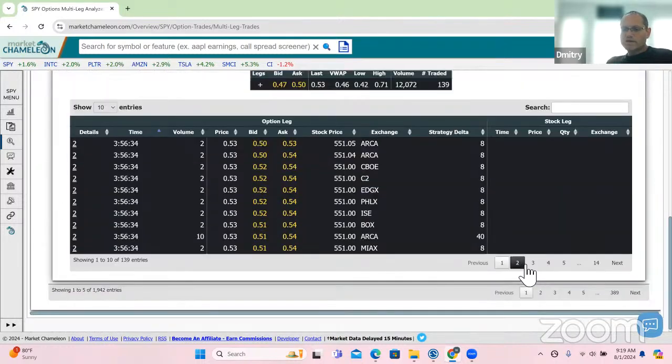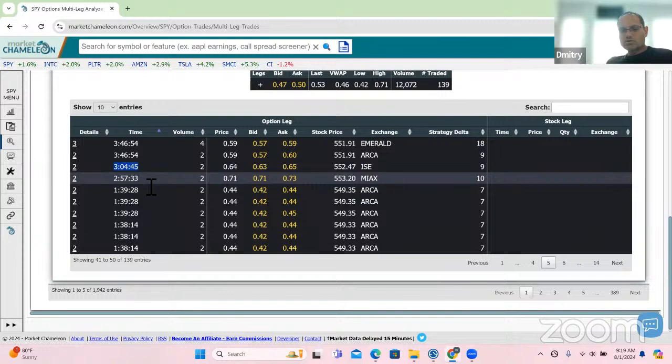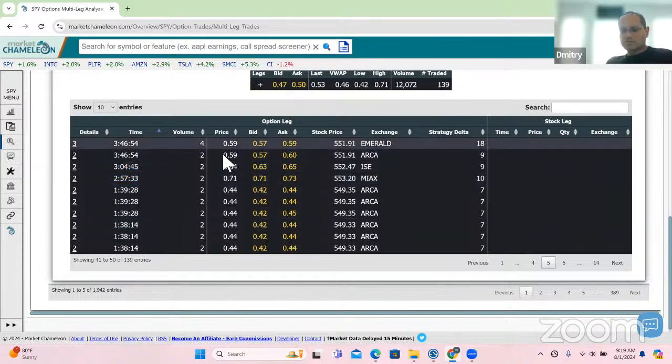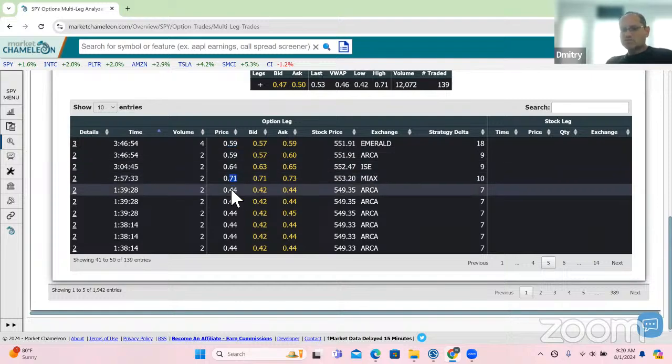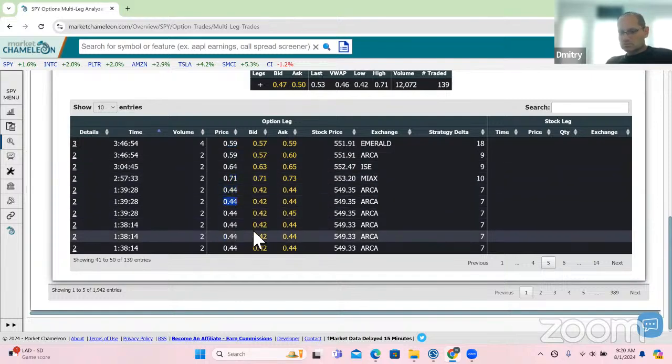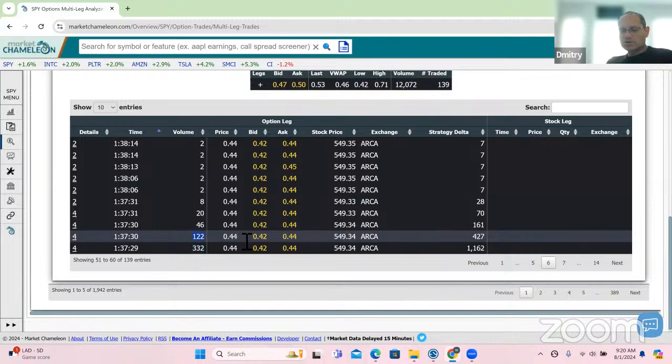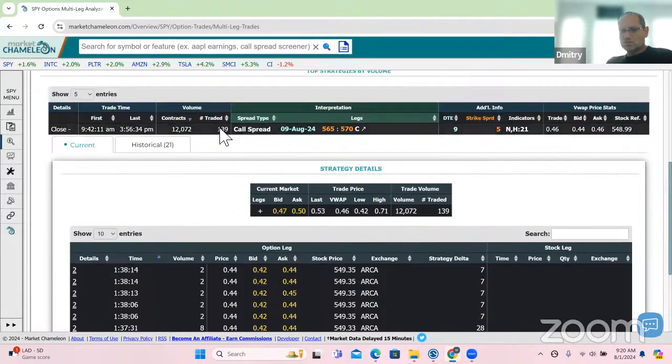So if we go back, we could see it traded at 304, 257, 139, 138, and at different prices. So this particular spread traded many times throughout the day, different volumes, different prices, different times. Okay, that's what this is indicating to us, this particular spread. I'm going to close that.